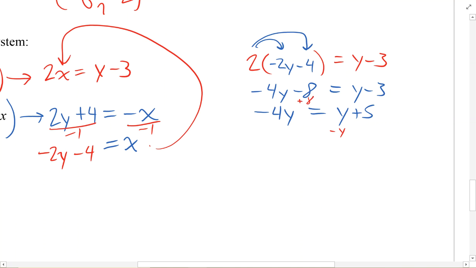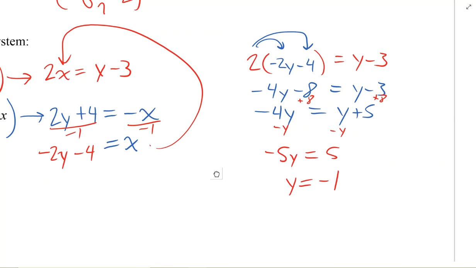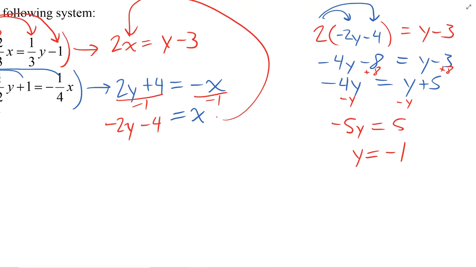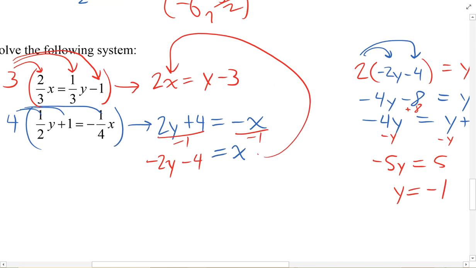So here I went plus 8, minus y, I get negative 5y equals 5, divide, y equals negative 1. Okay. Hands up if you got that. Good. Good job.